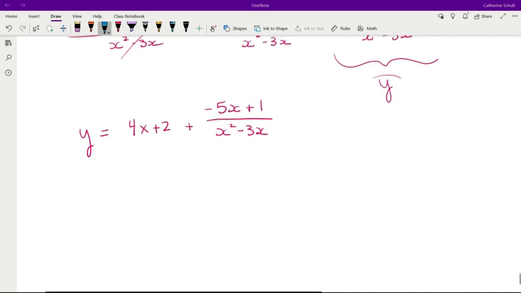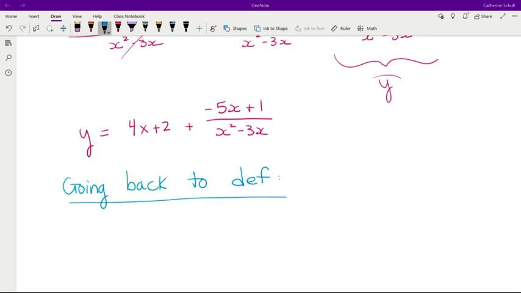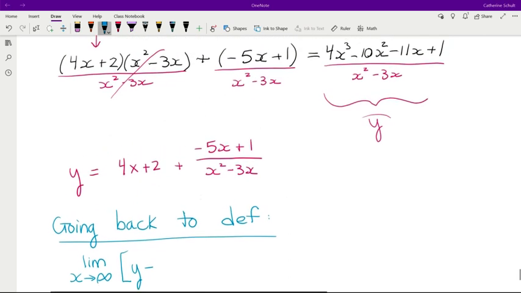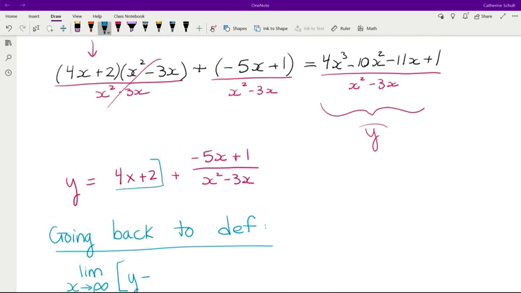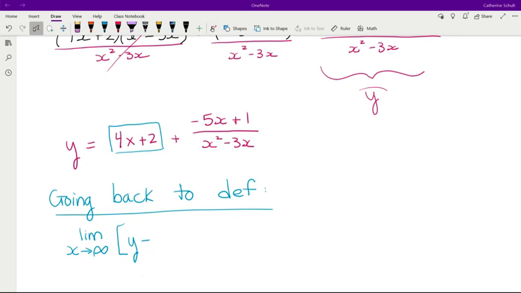So now let's go back to the definition of slant asymptotes. So the limit as x goes to infinity of y minus the quotient, 4x plus 2. Okay, and then we're going to simplify everything. That's going to be equal to the limit as x goes to infinity.